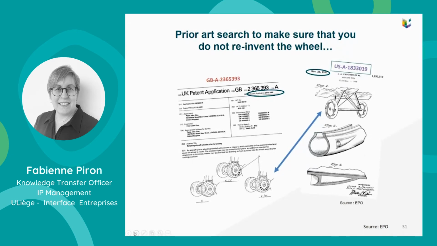So let's begin with this exercise or this example to understand this notion of prior art. On the left side of this slide, you see the first page of a patent application. And this patent application proposes to solve the problem of excessive wear of aircraft wheels when they touch the ground.